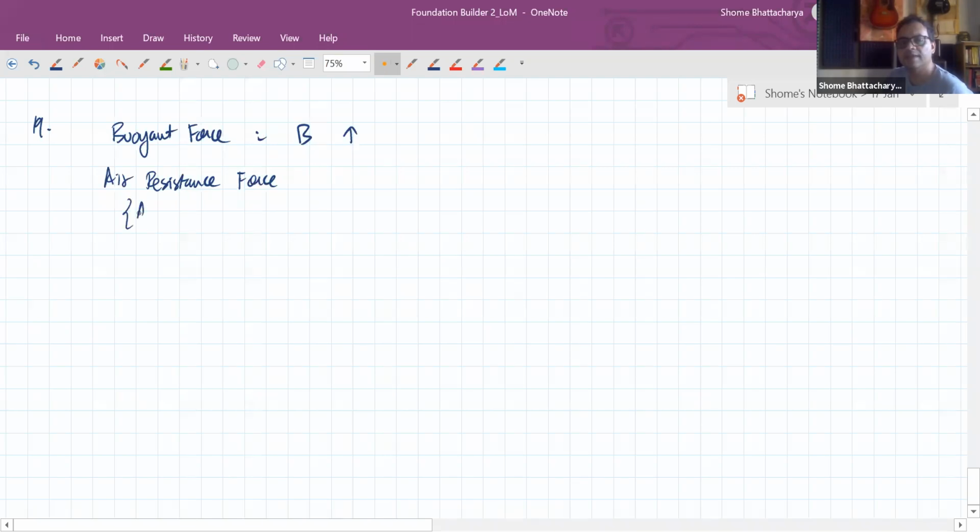Sometimes this is also called air drag. In aerodynamics, you will hear the term air drag. So it is the drag force or resistance force because of the friction between the air particles and the surface of the body which is moving through air.